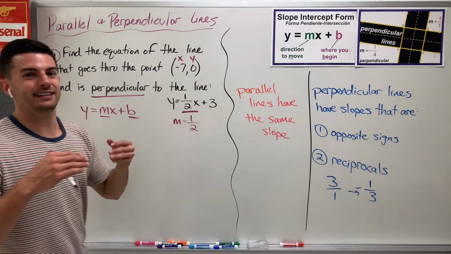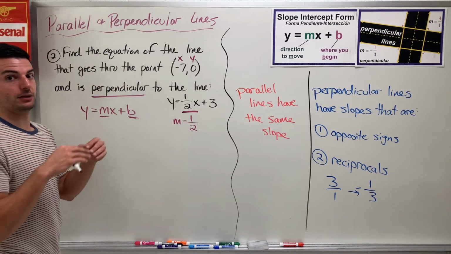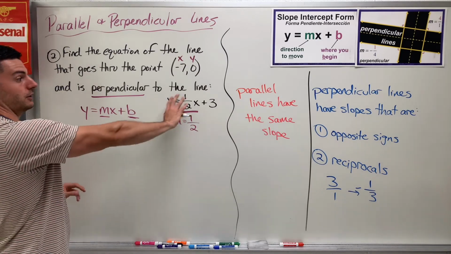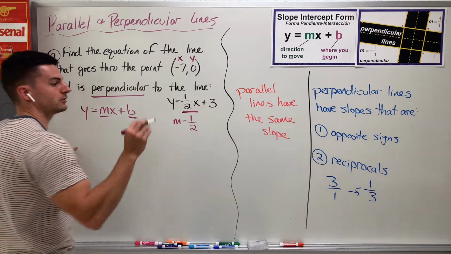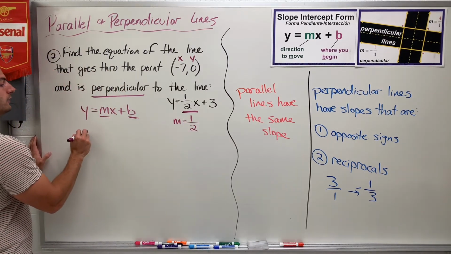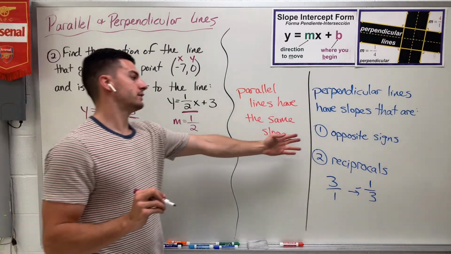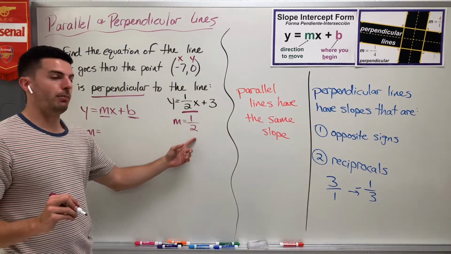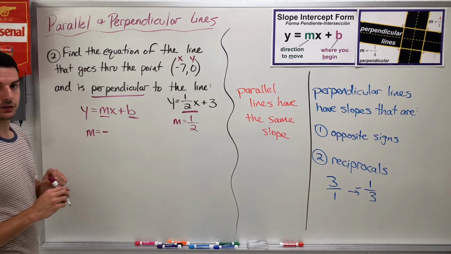So again, this is a really unclear and indirect way of giving me the slope, if I'm told that it's parallel or perpendicular to this other random line. So let's think about this. If the slope of this line is 1/2, my slope is going to be the opposite sign. So if this slope is positive 1/2, my slope is going to be negative, right?